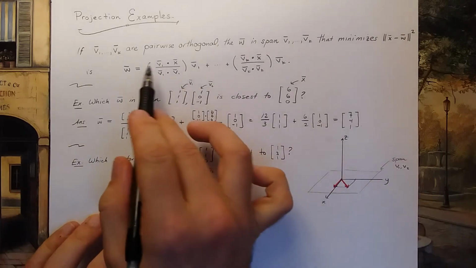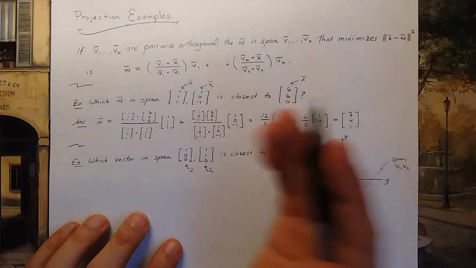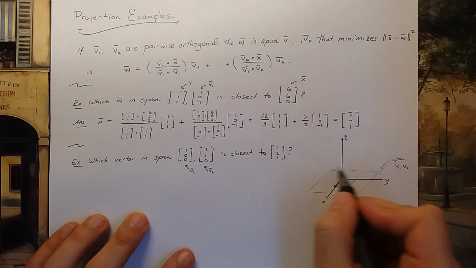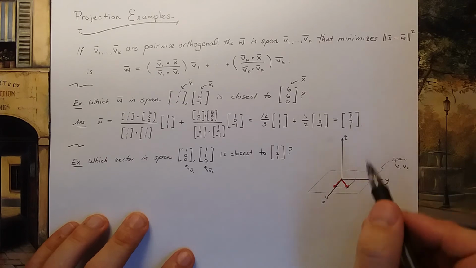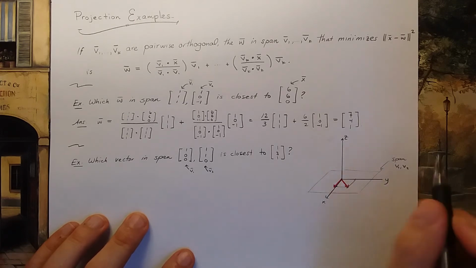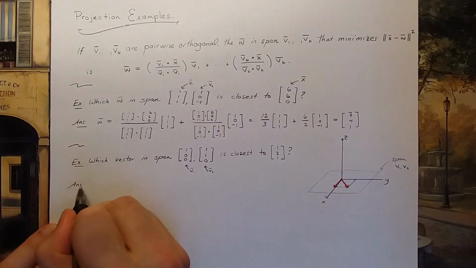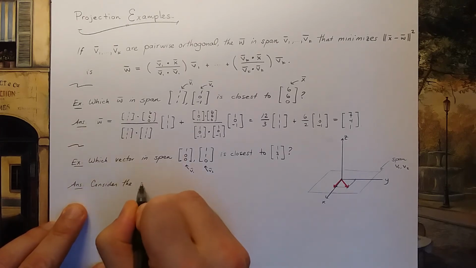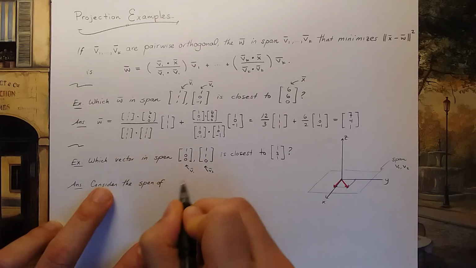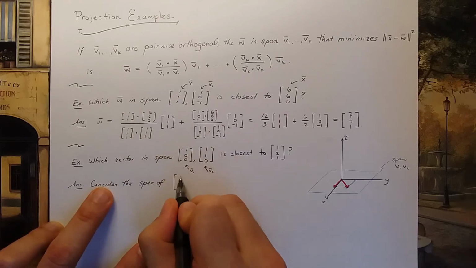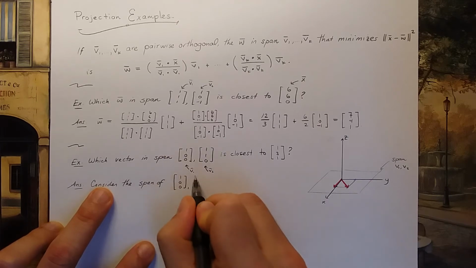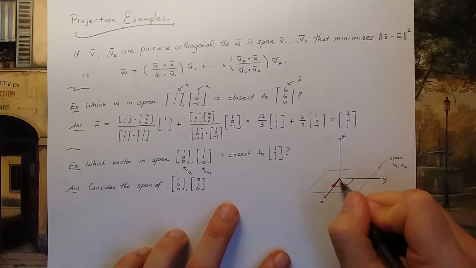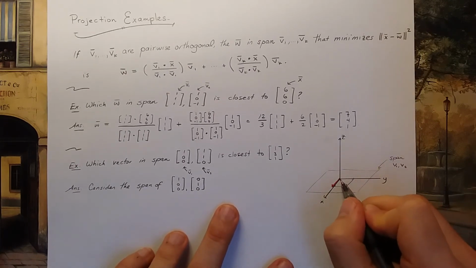I cannot use this fact right off the bat, however, because they're not pairwise orthogonal. However, I could still describe the same span by changing v2. So here's my answer. Consider the span of not my original vectors, but instead 1, 0, 0 and 0, 1, 0. So I'm going to keep this first red vector the same, but I'm going to move this second vector.